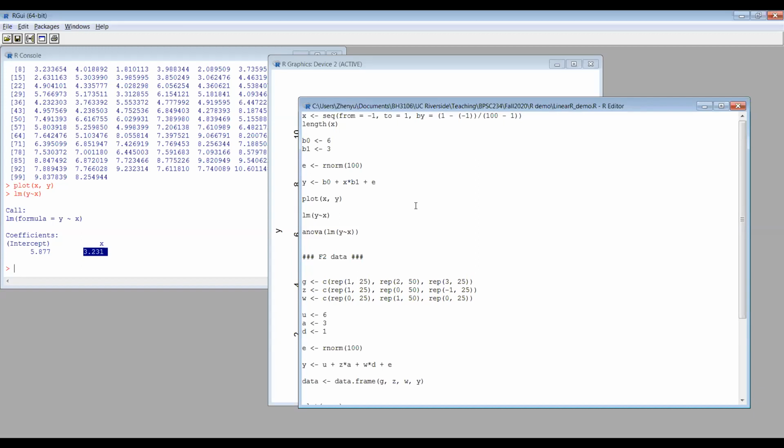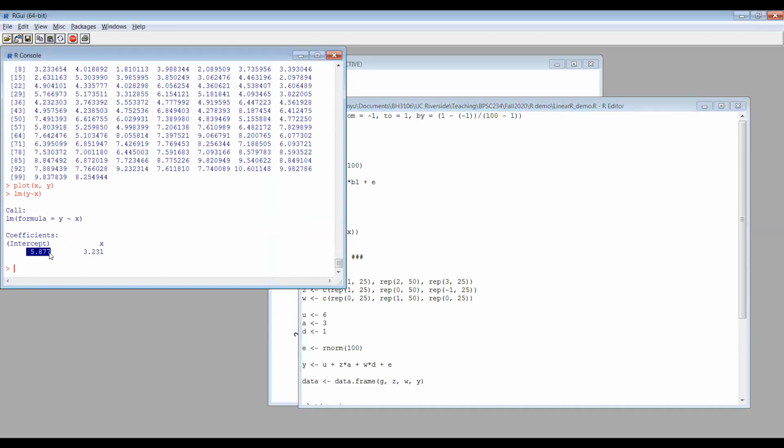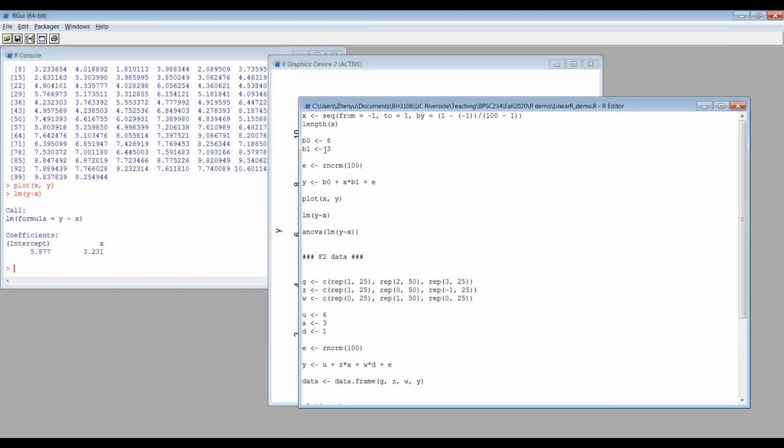Because of this error, you can only estimate a value which is very close to the real value. So this is the case, right? Based on this noisy data, we can still find a very good estimation for these two parameters, one is the intercept and one is the slope. Is that clear?